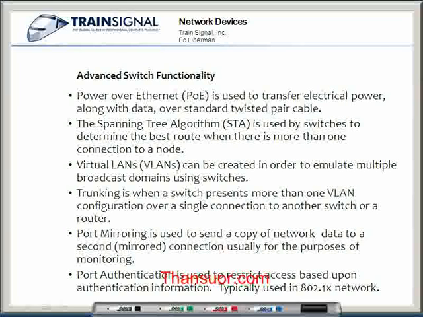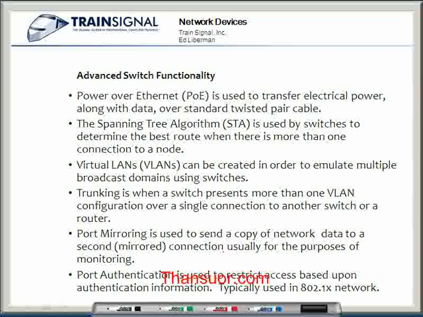Now, something else that a switch can do is, I mentioned that switches have very simplistic routing tables. So what can happen is there may end up being a situation where there are multiple routes that can be taken to get to a specific node on a network.